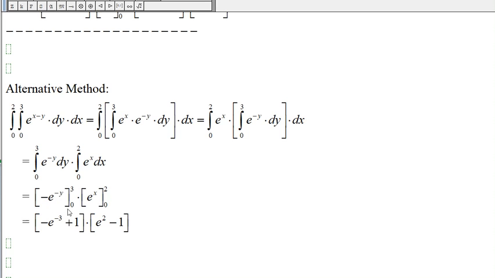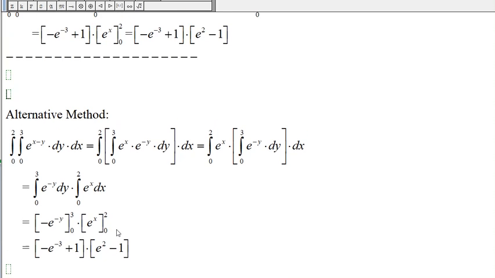And so it's the lower limit of integration, so it becomes plus 1. Antiderivative of e to the x is just e to the x. Evaluating from 0 to 2, we get e squared minus 1. So this answer is the same as what we got earlier.